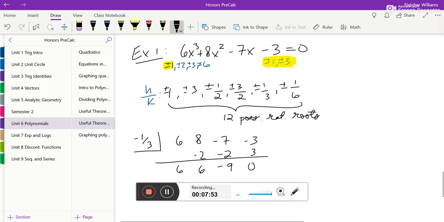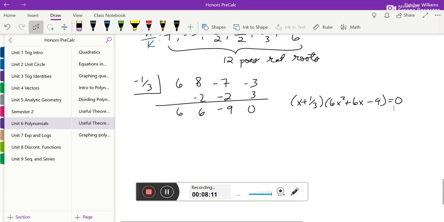So the thing above could be factored down into x plus 1/3 times 6x squared plus 6x minus 9 equals 0. So let's just do another example for a moment, just so you can see how this works.